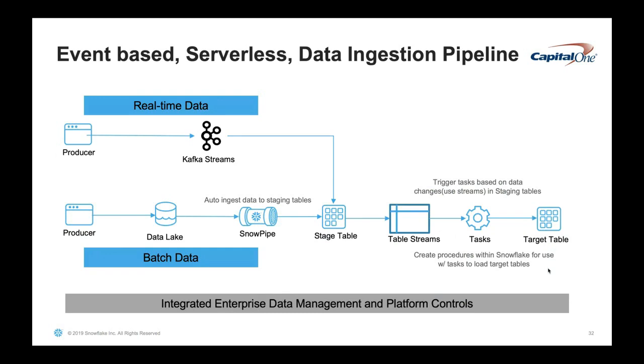Similarly, they land data into the data lake, and then use Snowpipe to push that data into the staging tables, with streams on top to capture all the changes that have happened. They work like a trigger, and you have the tasks which are running on a schedule and pushing that data to target tables. So that's a typical data pipeline that we have seen customers build with these 4 new capabilities.